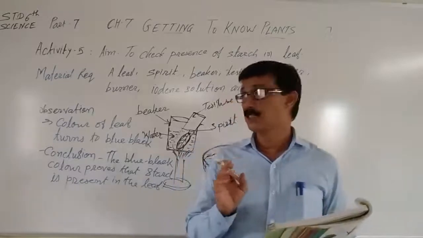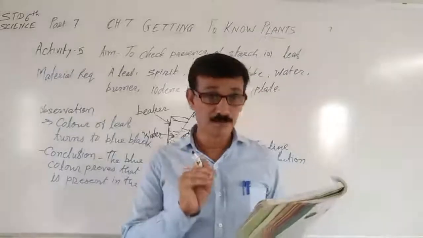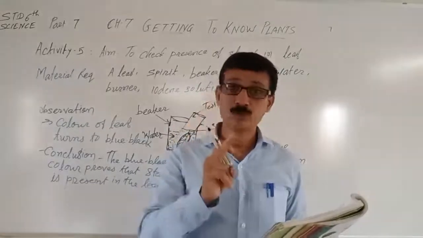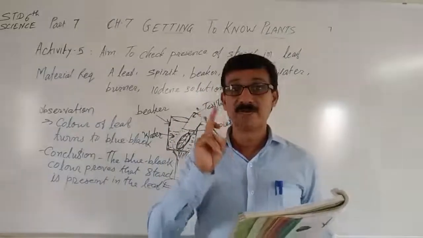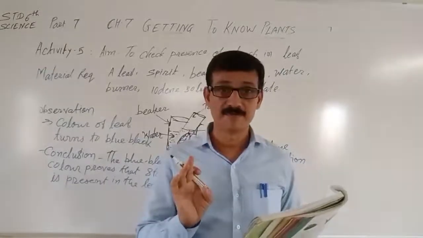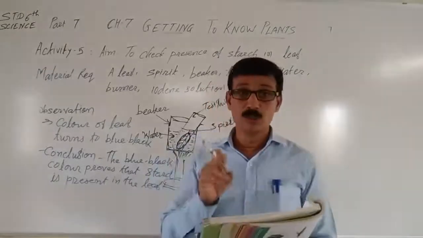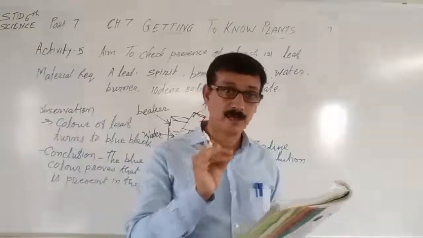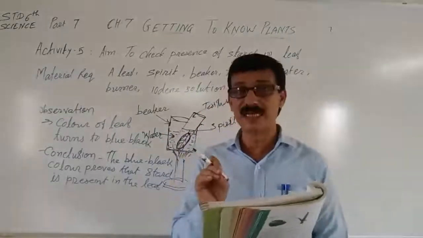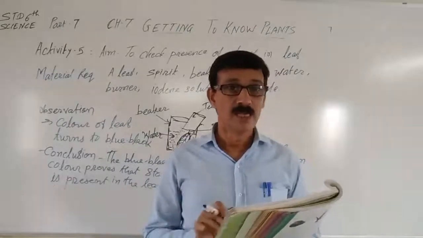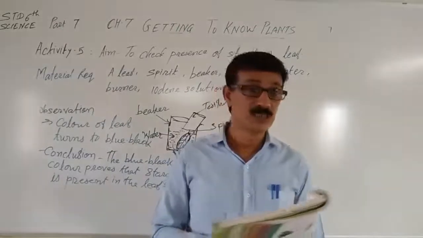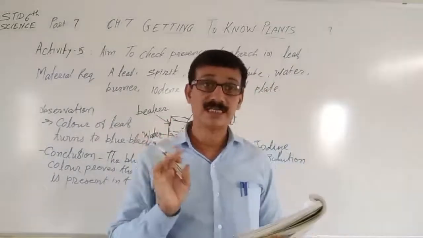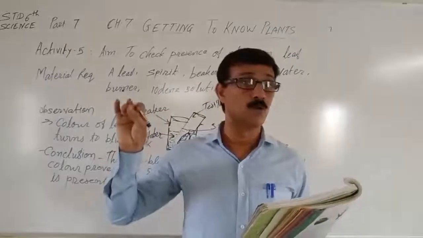The only process on the earth which provides us oxygen is photosynthesis, and plants are very essential for life. Why? Because life in every living organism requires oxygen, and we get oxygen through the photosynthesis process. That is why plants are very essential on the earth.